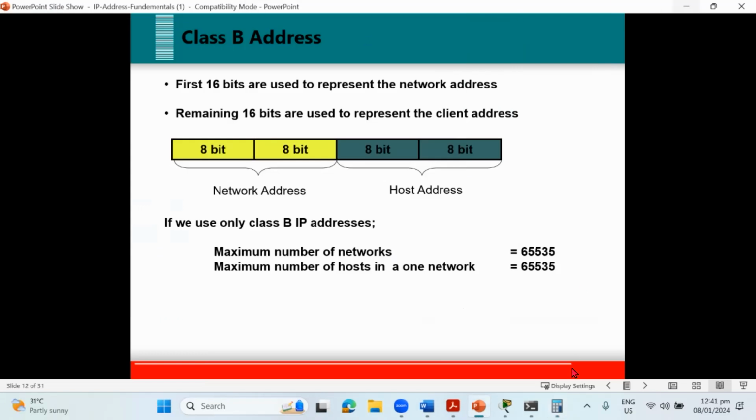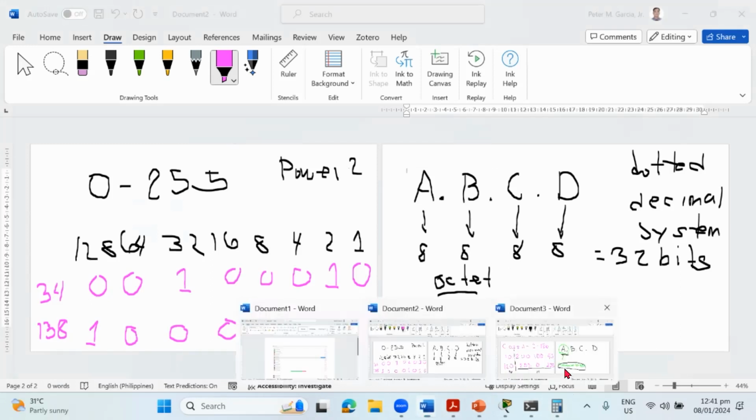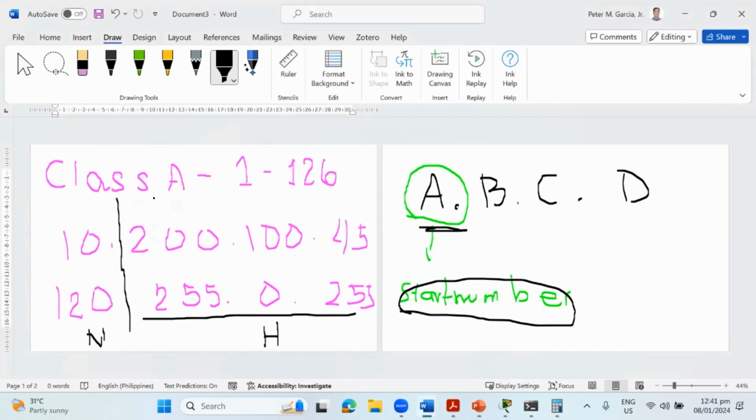Sir, paano natin malalaman kung class B siya? Pag class A, ang starting number mo ay 1 to 126.